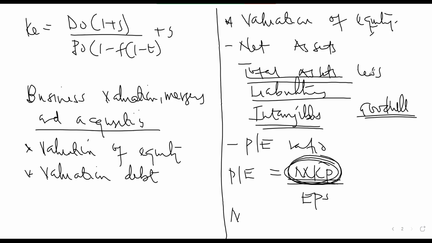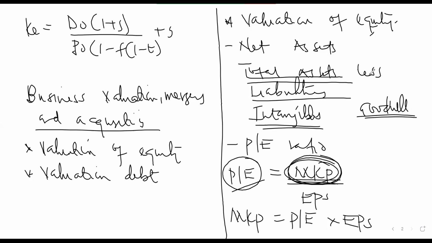So the market value of the company will be equal to the price earning ratio multiplied by the earnings per share. You have to know that if the company is not listed, there is no way the company can have a price earning ratio. So we use the price earning ratio of a similar company in the industry in which the company operates.